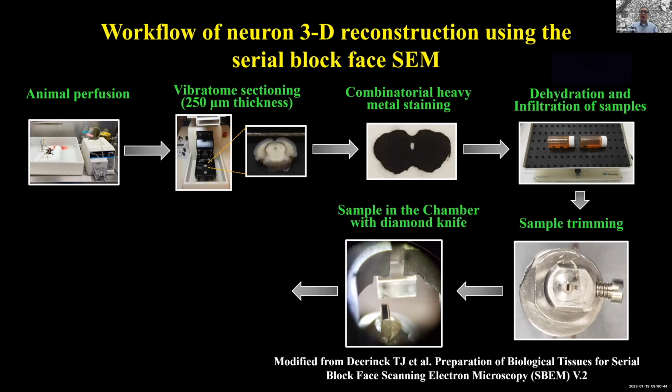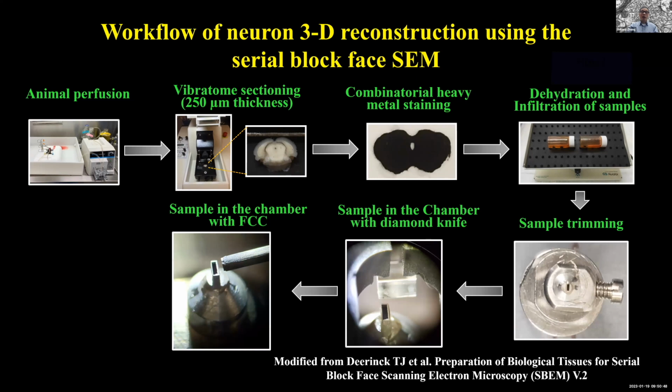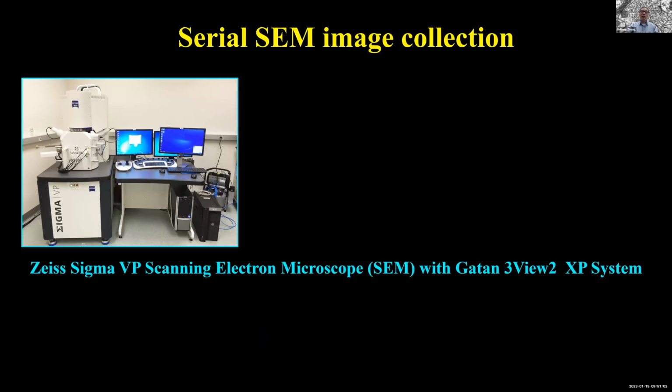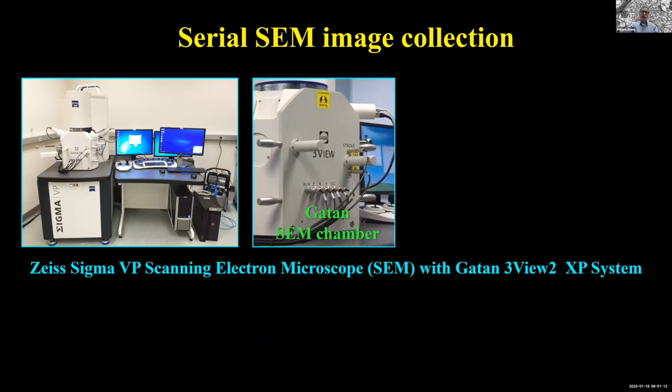We put the sample in the chamber where you can see the diamond knife, and we also use focal charge compensation. That's after a couple of years we tried. And then we did the serial image collection. Here's our microscope Melanie already showed. We have almost the same, maybe the microscope is different, but the 3View chamber is the same.